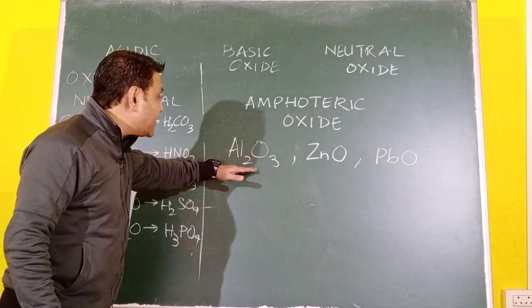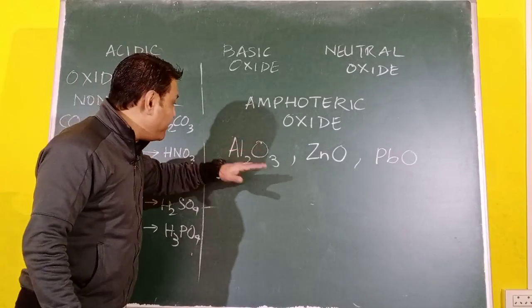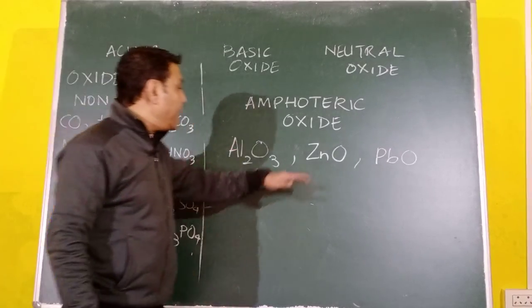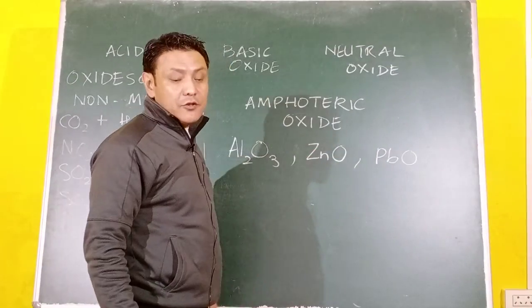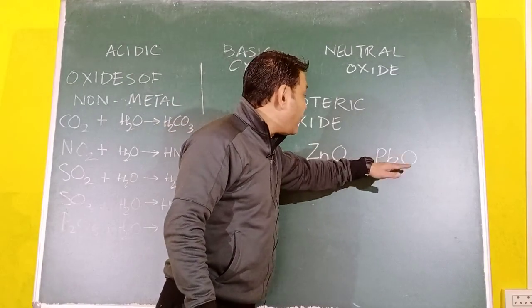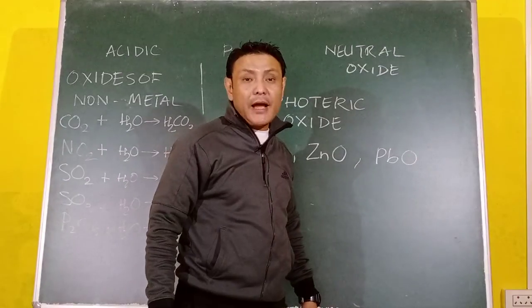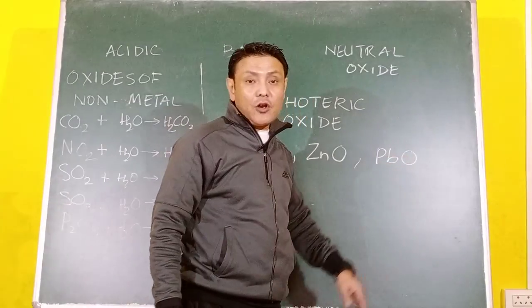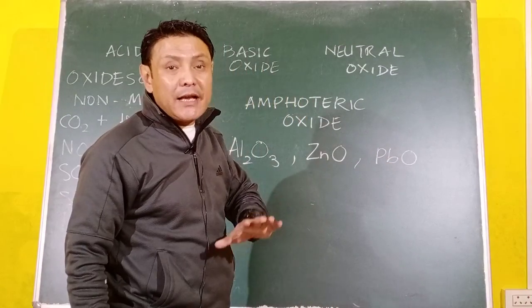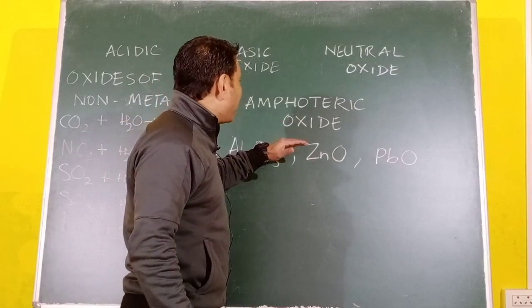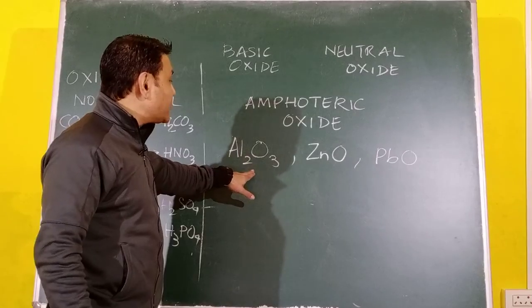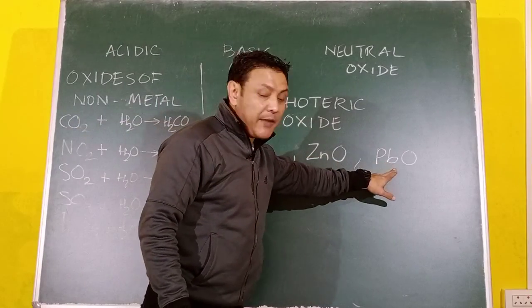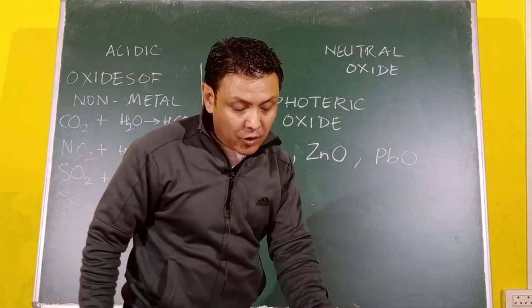They react with acid to form salt and water, and with base also to form salt and water. Lead oxide reacts with an acid as well as a base to form salt and water. So it is acidic as well as basic in nature. These are called amphoteric oxides: aluminium oxide, zinc oxide and lead monoxide.